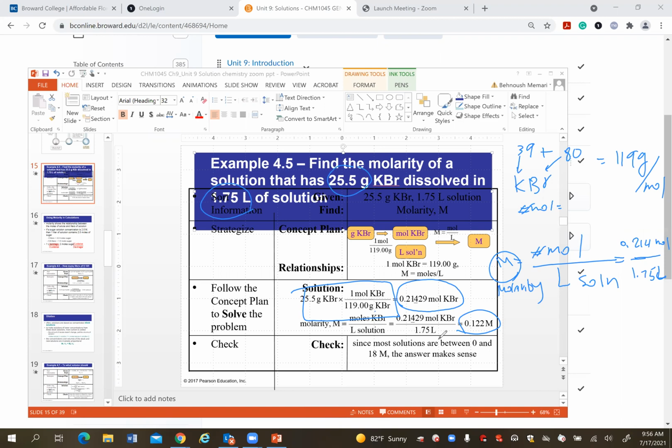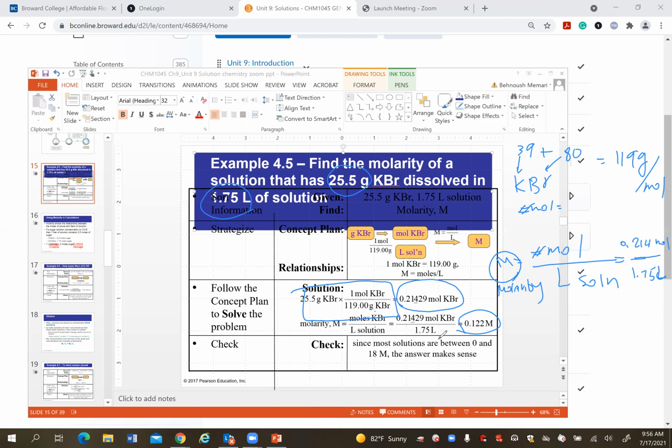Second is the mass of the solute. Third is molarity. Out of these 3, any 2 is given, you should be able to calculate the third one, knowing that you always have access to the periodic table. That's why on the exams, they don't give the mass for each one, they give you a periodic table. So you should be able to use the periodic table to find the molar mass.